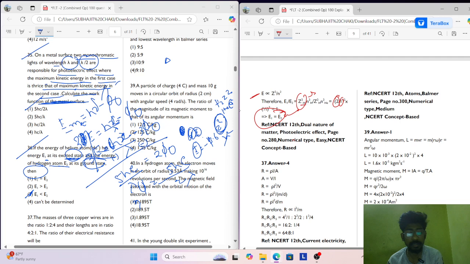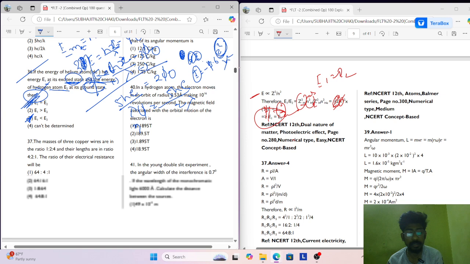So 2 by 1 is already there. For hydrogen, this is ground state 1. For helium, this is excited state, meaning 2, the second state. Both of these will cancel out, so it will be 1. Therefore E1 will be equal to E2. Sorry, this one will be our answer, not this. Pardon me for my mistake.